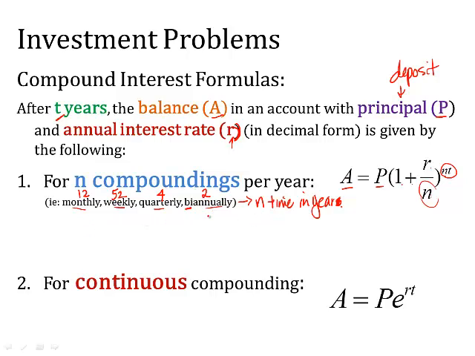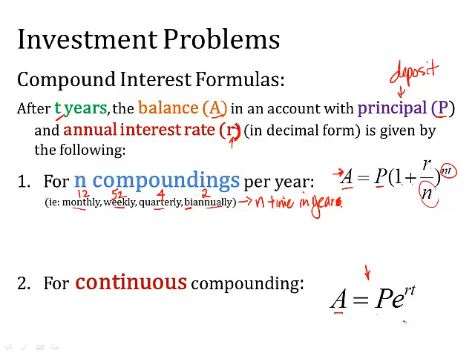So look for those words in the problem, because if you see any of these words, that tells you you're using this formula, and it also tells you what value you're putting in for n. Now, if the problem says it's continuously compounding, then we use a different equation. Notice this equation has A, P, r, and t.